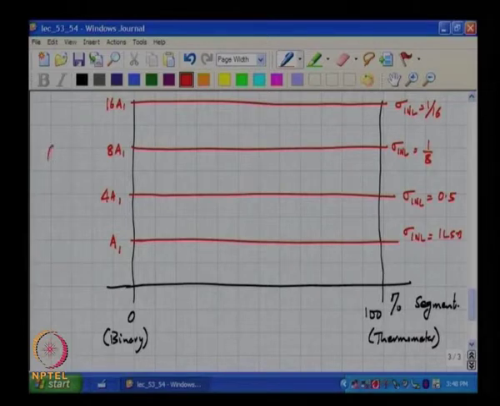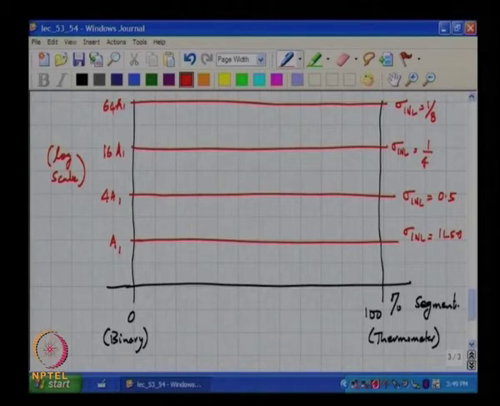So, this is a log scale. Sorry, this must be 64 A1, thank you.